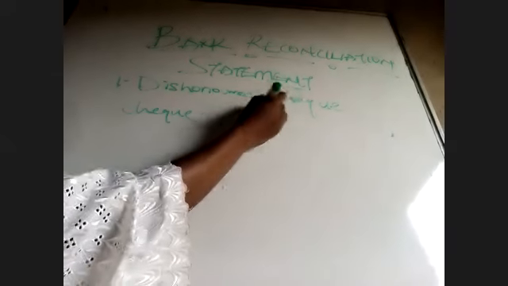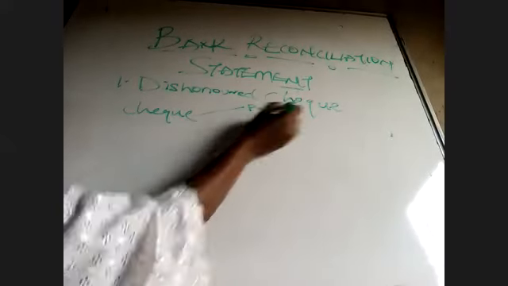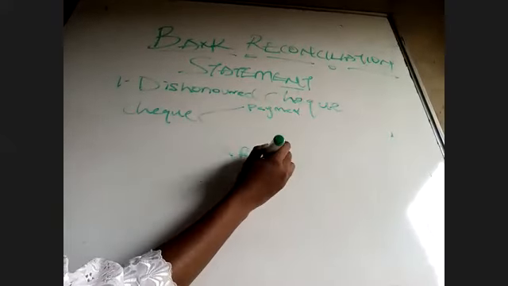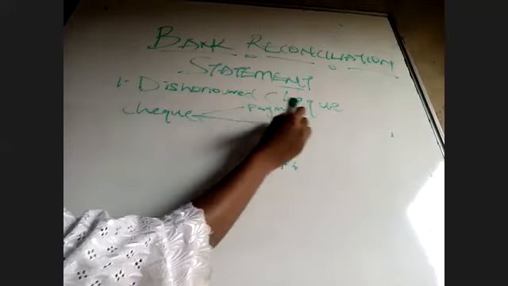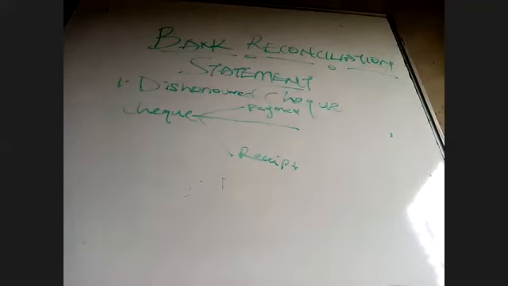I just want us to get this concept, the definition of this concept. You've given out a check to someone. They'll go ahead and make payments or receive it as a receipt. So these are the circumstances that are actually preventing this check from being captured.